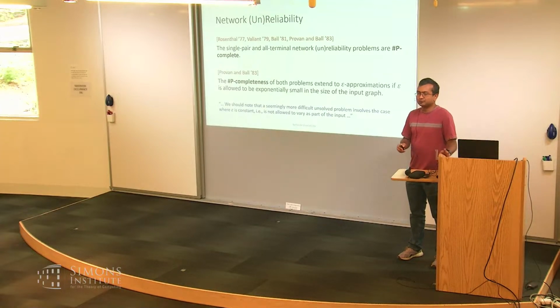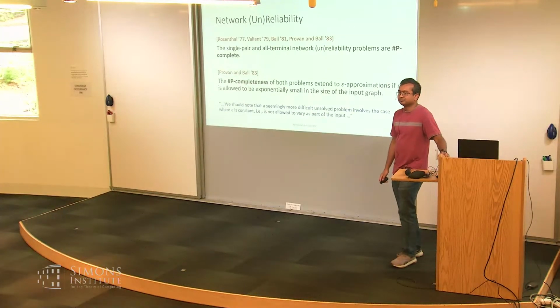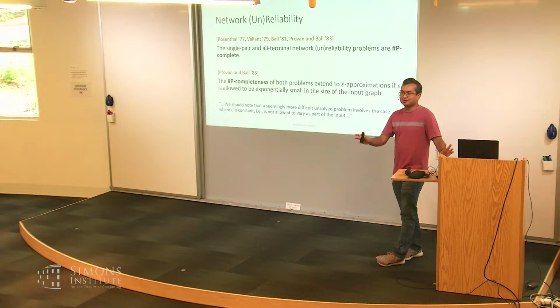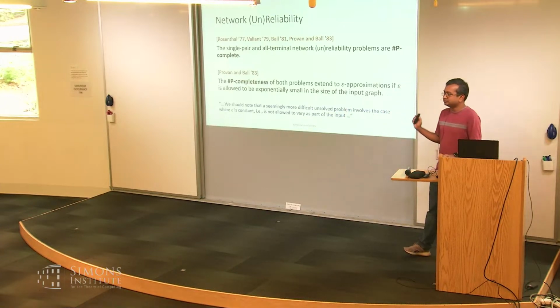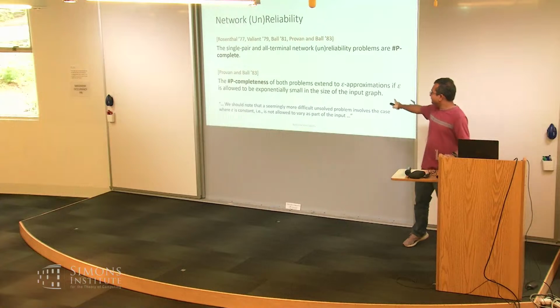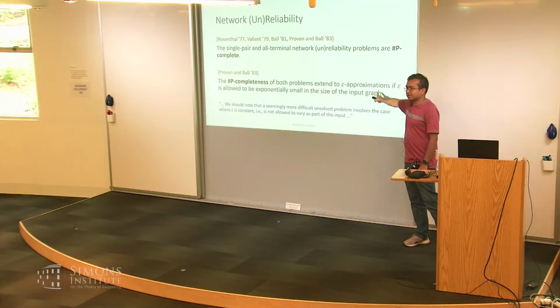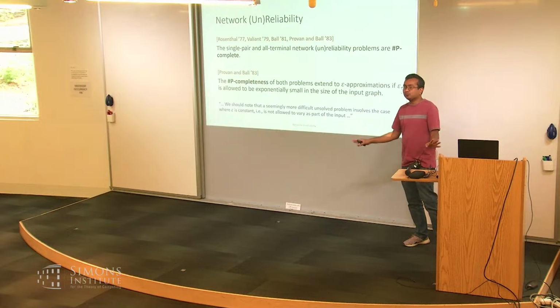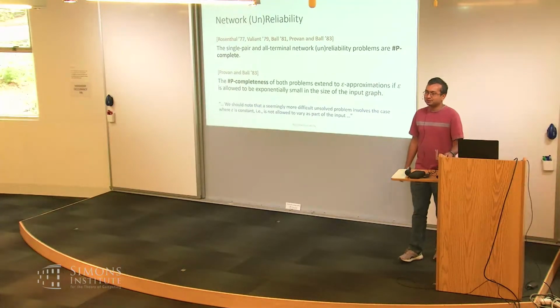It applies both to reliability and unreliability. Sorry, is this an additive or a multiplicative approximation? Let's say multiplicative. Let's say even a fixed constant, 1.1 approximation. In this particular result, the epsilon was additive, but the one that's wide open is, can I get a 1.1 approximation?